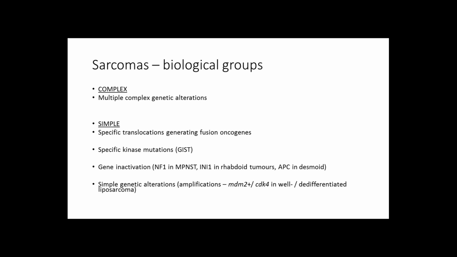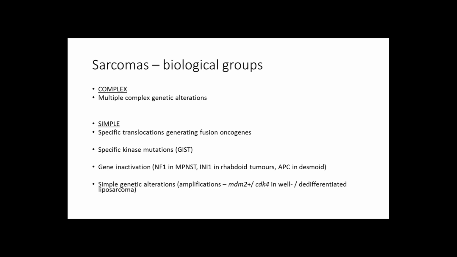There are many that have specific chromosomal translocations that generate fusion oncogenes, and examples of these include synovial sarcoma, myxoid liposarcoma, and Ewing sarcoma. In addition, within this group of simple tumours, or more simple tumours, are those with specific kinase mutations, and gastrointestinal stromal tumour, or GIST, is a notable example in this group.